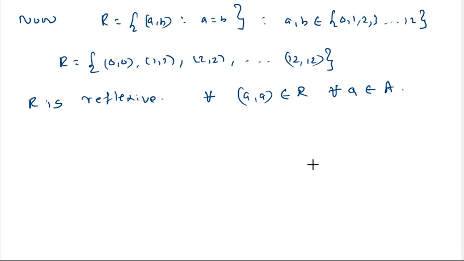Then for any A comma A belonging to R, its reverse relation is also there, and R is symmetric.